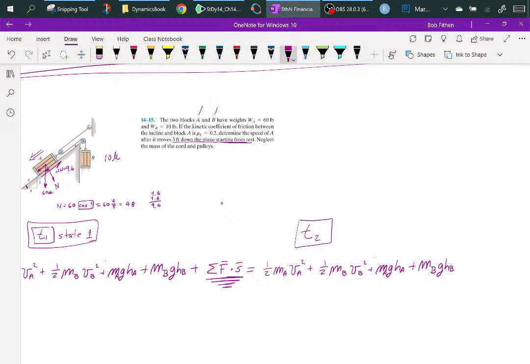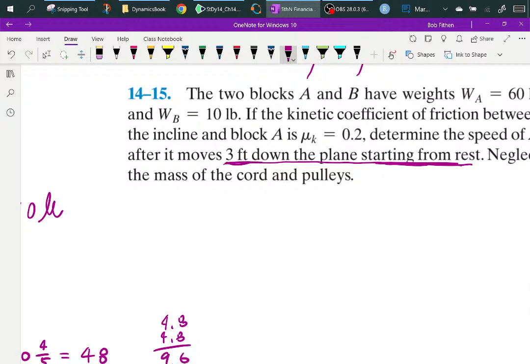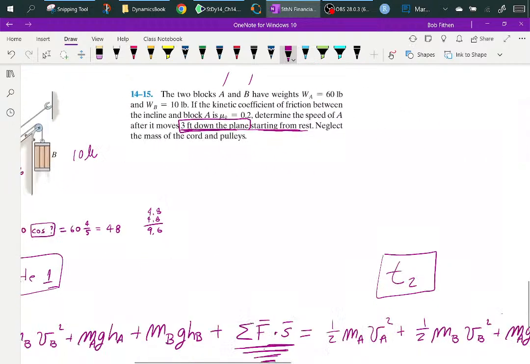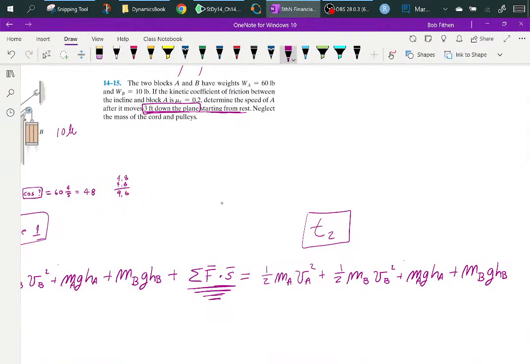At time two, which is the one he's talking about, and that's the one that it moved down the plane 3 feet. So if it moved down the plane, this is time two, at the point where it moved down the plane 3 feet.